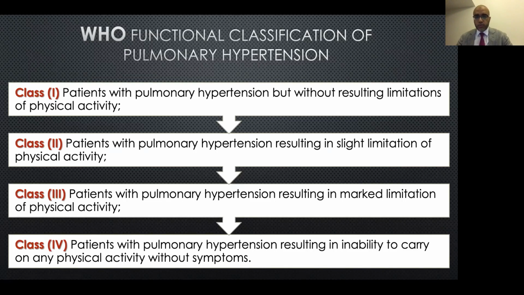Class 1 is a patient with pulmonary hypertension almost without any limitation in physical activity, progressing to class 2 if there is a mild or slight limitation of physical activity, and class 3 if the patient has marked limitations, and class 4 finally, where the patient cannot practice physical activity without significant symptoms.